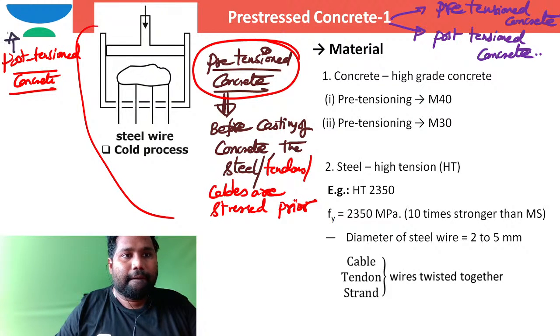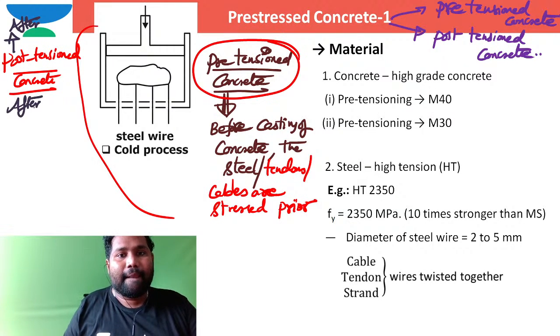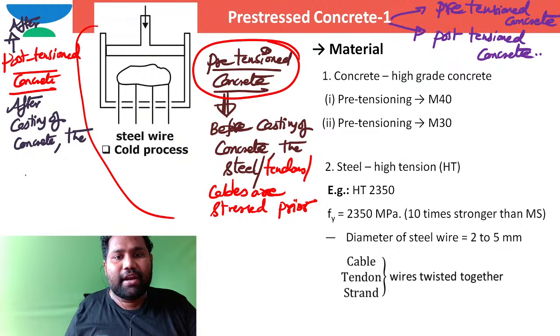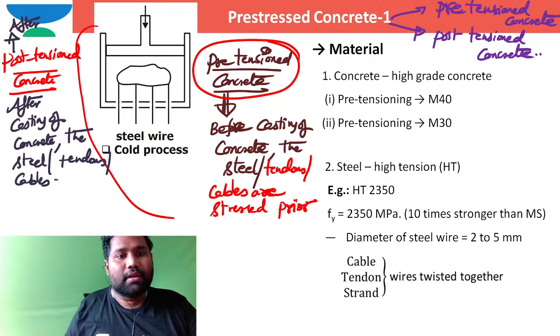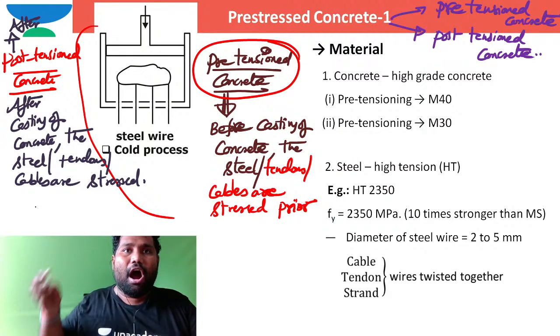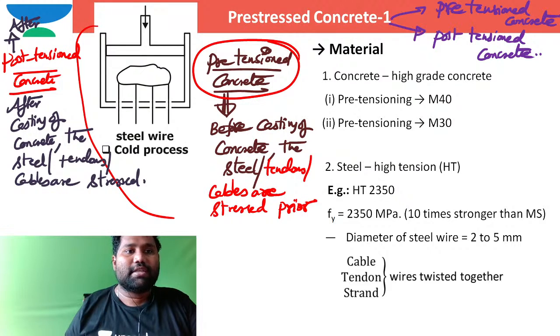So after casting of concrete, the steel or tendons or cables are stressed. So I can say that steel or tendons has got stressed after casting the concrete, right? That's the reason why we call that type post-tension.